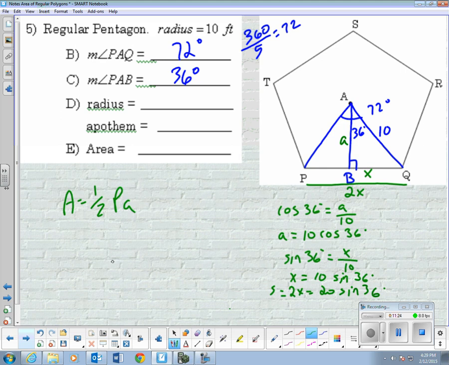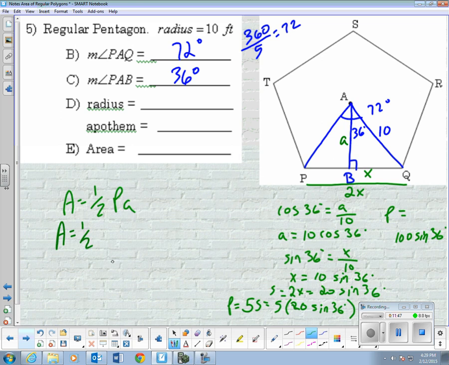Now my perimeter, P, is going to equal 5 times whatever S is. So that's going to be 5 times 20 sine of 36 degrees, which I can simplify to be 100 sine of 36 degrees. This is my perimeter. All right, now I'm ready to get over here in my work.